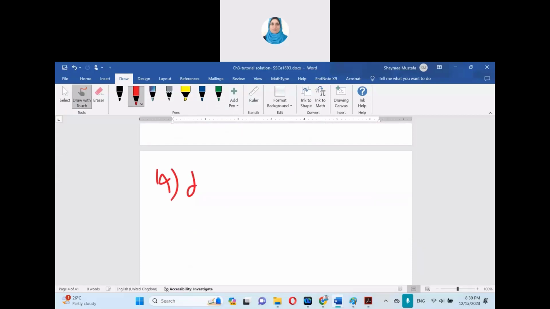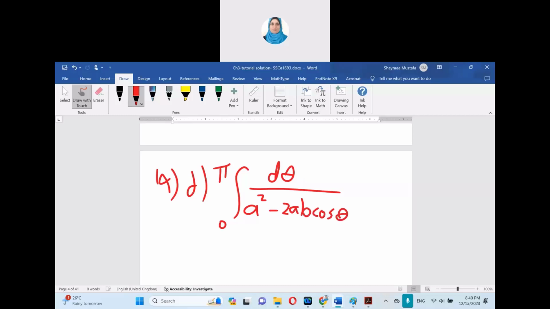Question 19D. You need to integrate from 0 to pi, d theta over a squared minus 2ab cos theta plus b squared.